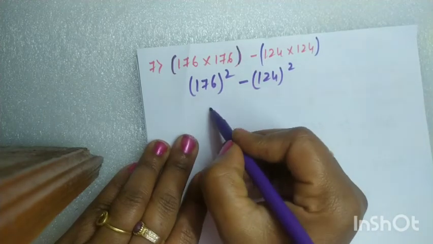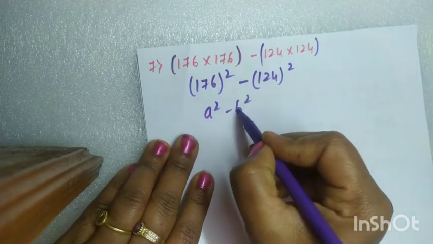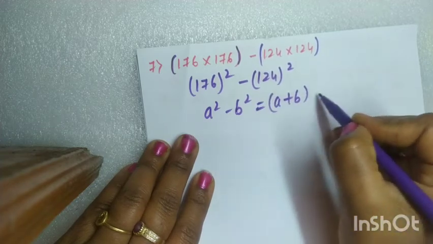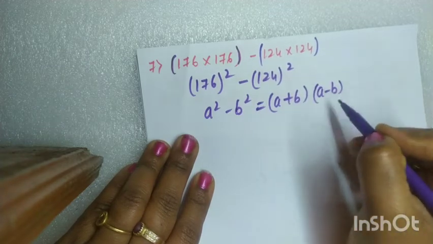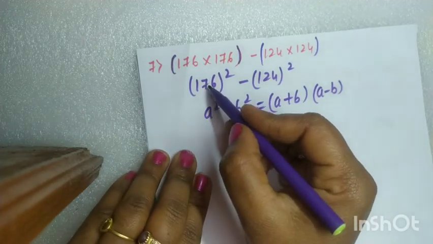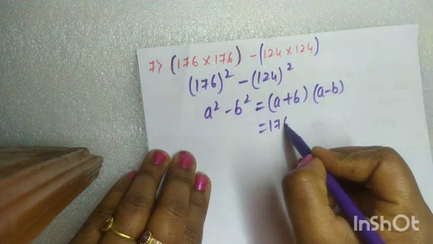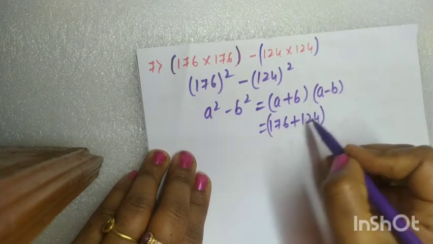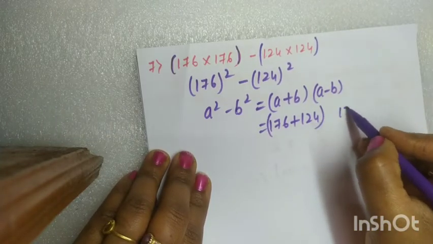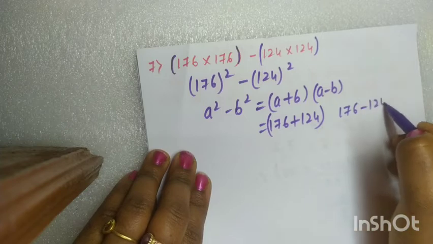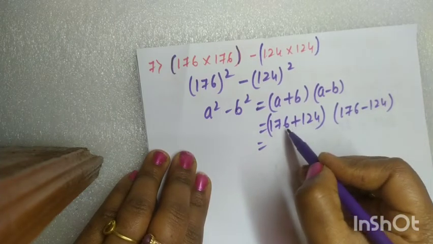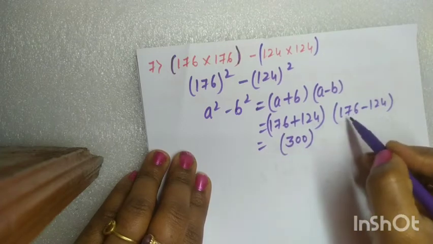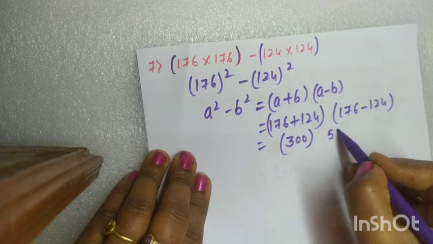Now this is of the form a square minus b square, so it is a plus b into a minus b, the identity we have to use here. In place of a we have 176 and in place of b we have 124. So 176 plus 124, adding these two numbers, is 300. And 176 minus 124, the subtraction, is 52.